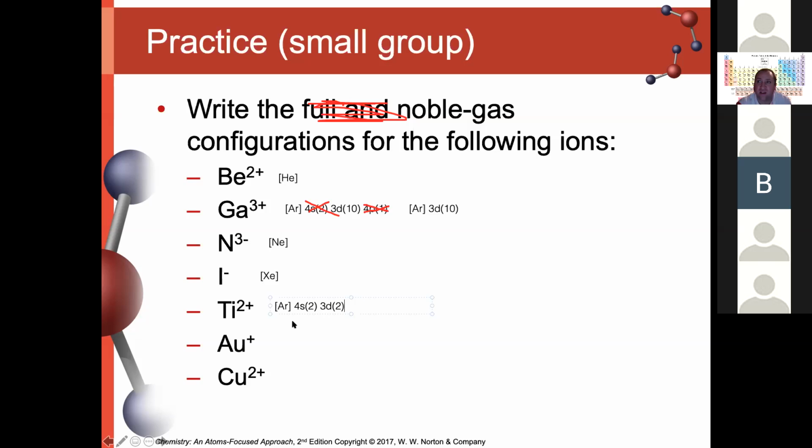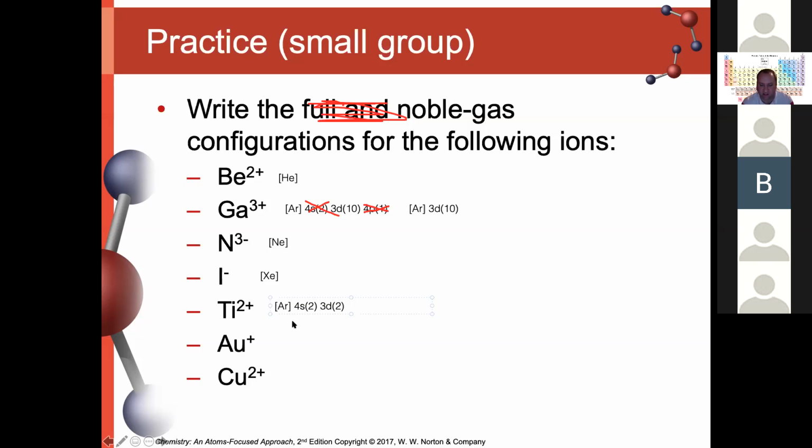Now this is a 2+ ion. Which 2 electrons get lost? Do we lose the D electrons, the S electrons, or one of each? I'm confused now, I mean the S one.